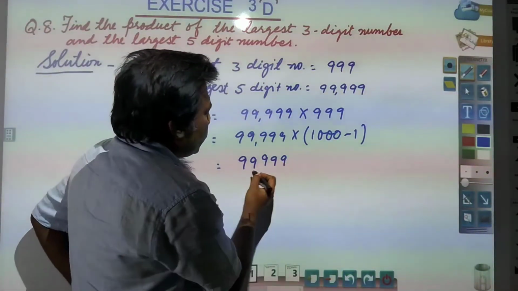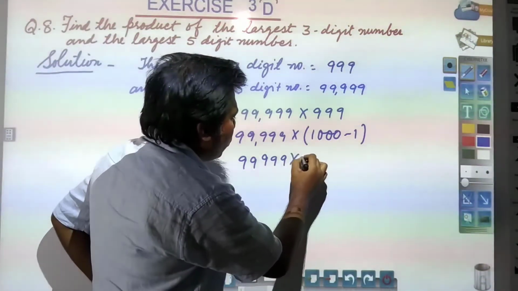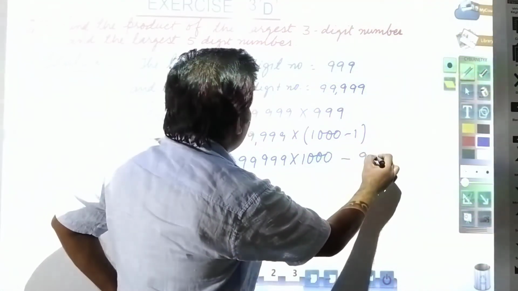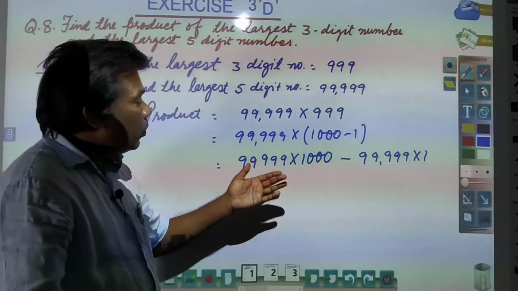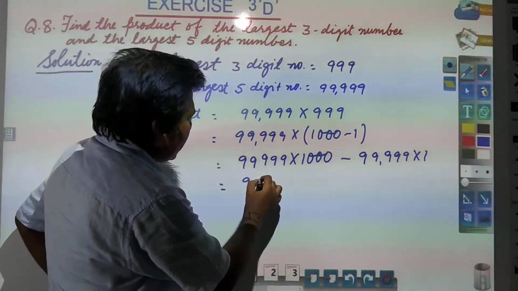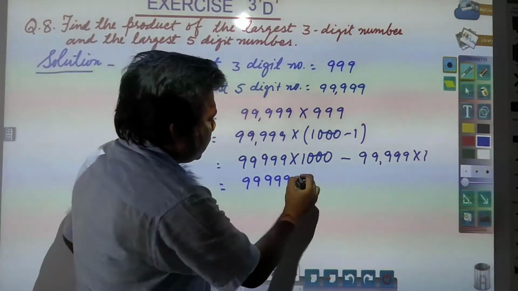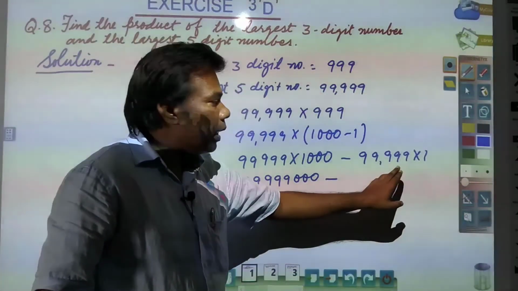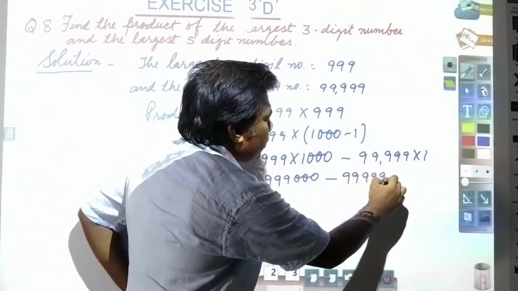So you can write 99,999 into 1000 minus 99,999 into 1. If we multiply 99,999 with 1000, we get 99999 five times with 3 zeros. If any number is multiplied by 1, we get the same number.